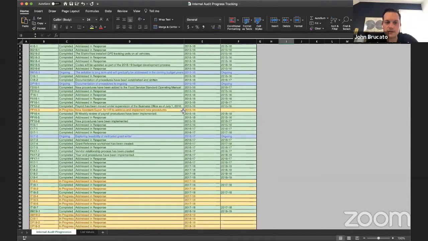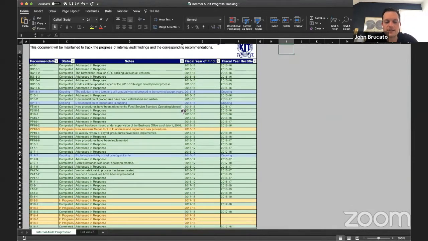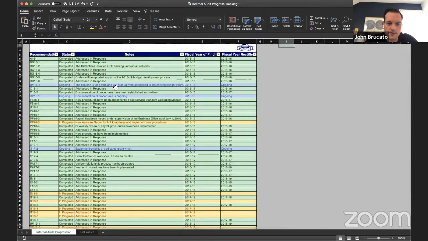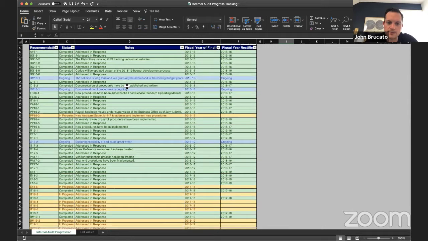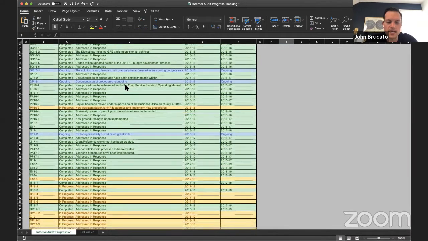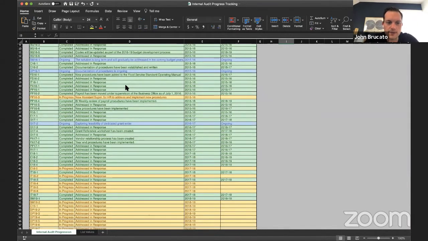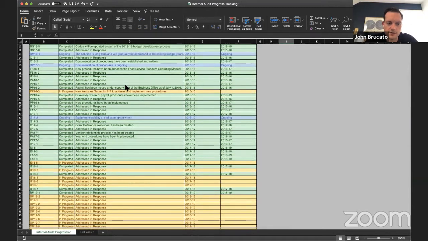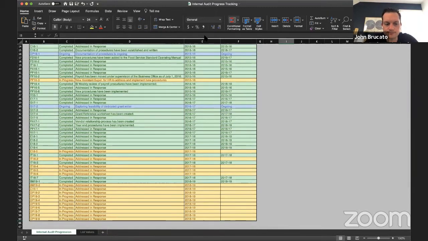That's something we would love to do, but it's a huge capital expenditure. So we can't necessarily do it now, but look to accomplish it down the road. I'll make sure to distribute this document to the group so everybody has an updated version. But Dave, you're new to the committee, so I just want to bring this to your attention: this is really how we keep track of progress with our internal audits and the recommendations that come forth.